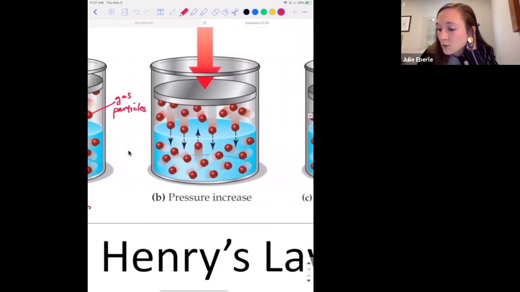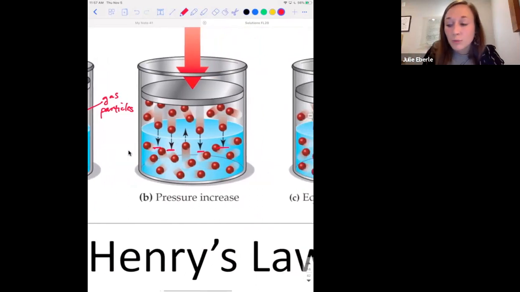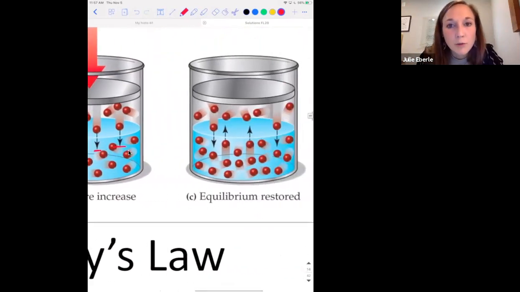Well, what if we increase the pressure? What if we push down on that lid? What you're seeing is many more downward arrows compared to upward arrows. So that just means more gas particles are going to dissolve into that liquid the more pressure you put on it. And then eventually equilibrium will be restored.